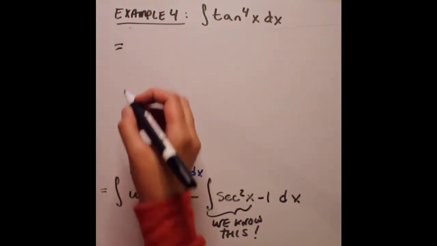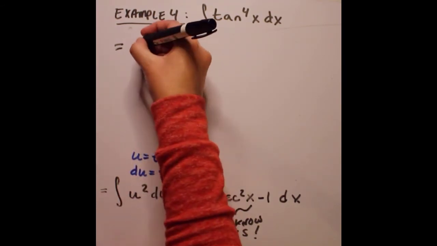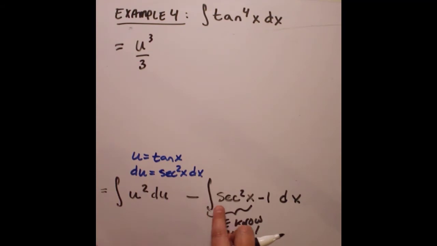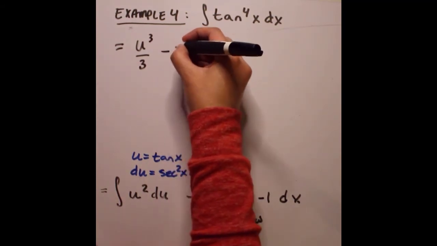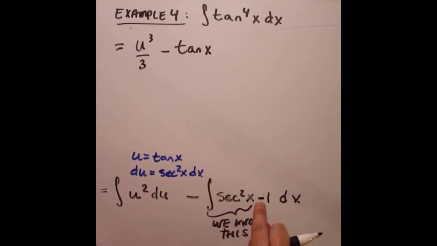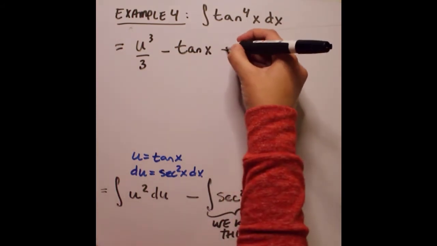In our first term, we know that this is going to be u cubed over 3. Over here, this is going to be minus the integral of secant squared, which is tangent, so minus tangent x. And then minus the integral of -1, so minus and minus is plus, the integral of 1 is just x.